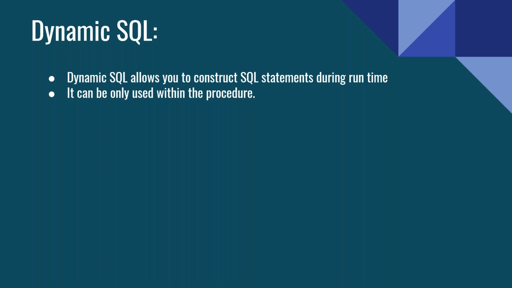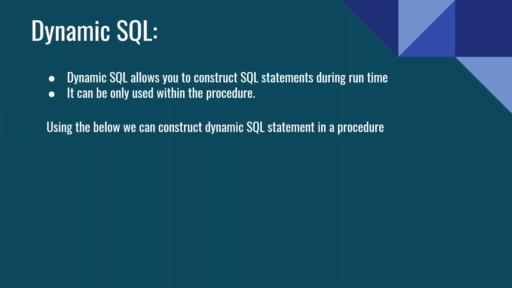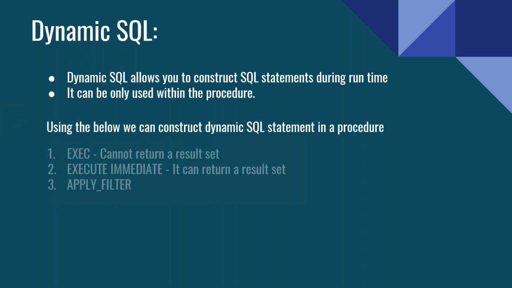This is not preferred in real time, but there will be situations where you may have to use this dynamic SQL. It can only be used within a procedure, so you cannot use it in table functions or elsewhere. So using the following statements, we can create dynamic SQL in a procedure.